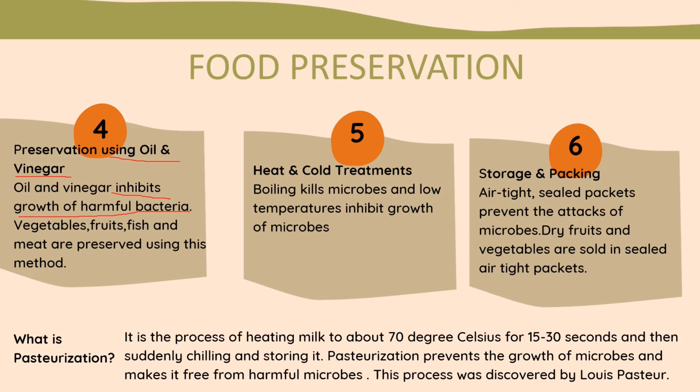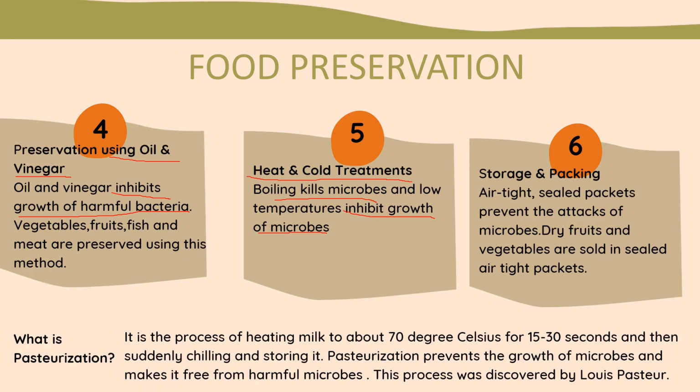The other very important method which is used in industries is heat and cold treatment. First of all, we heat the product and then suddenly we make it cool. Heating or boiling kills the microbes, and then lowering the temperature further inhibits growth of microbes. Pasteurization is one form of heat and cold treatment.